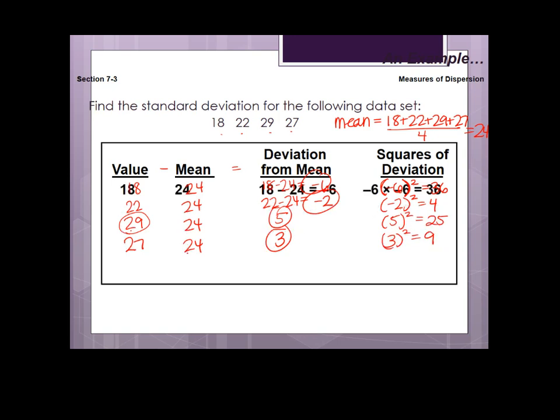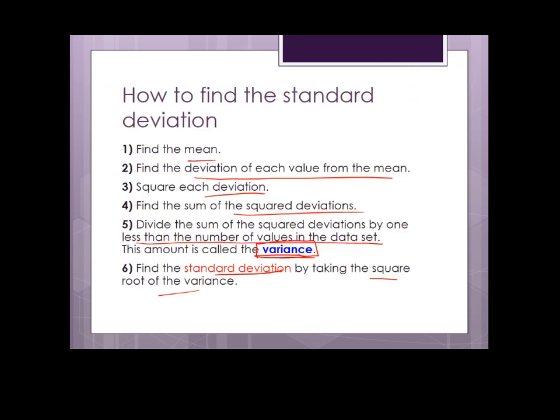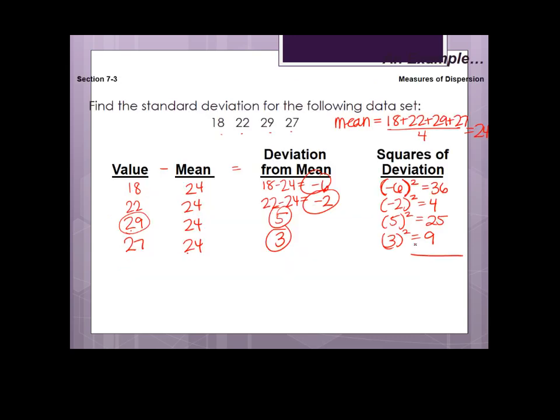Now, the next step, if you look at this table, I found the squares of each deviation. I'm going to now find the sum of all those. So I'm going to add all those together. So if I add these, 40, 65, 74. So that's the sum of the squares of deviation is what this number is called.